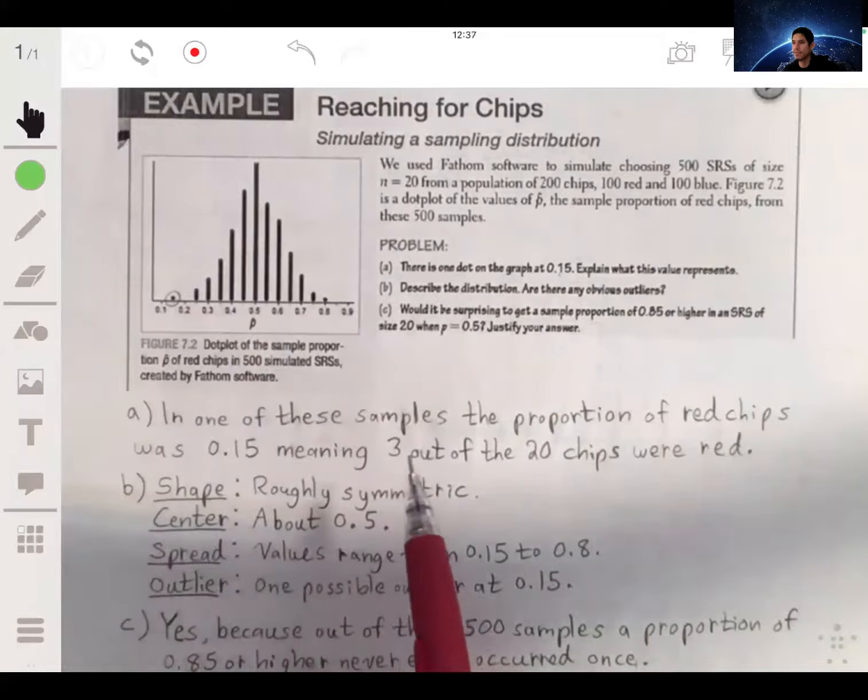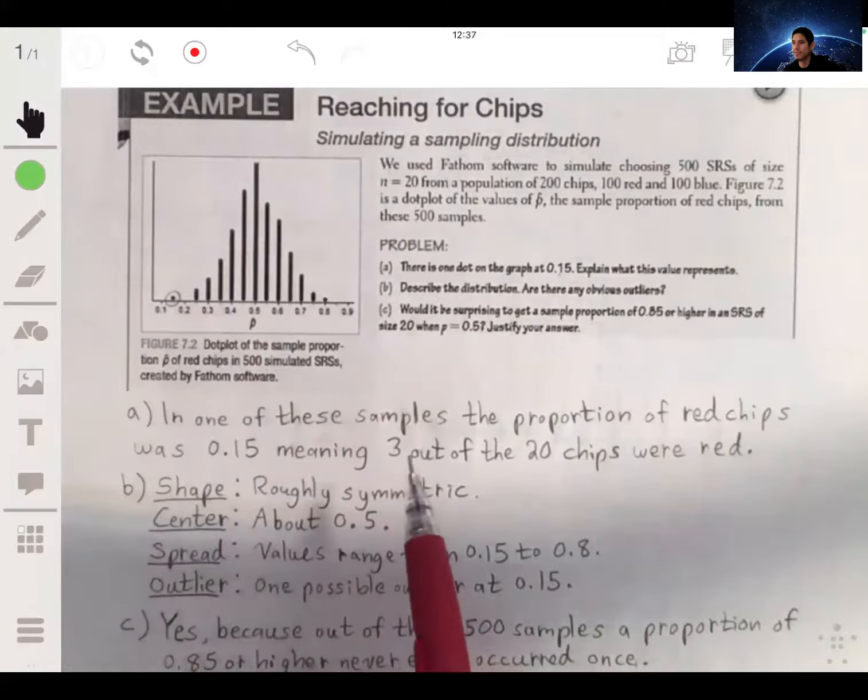So we have to understand this idea of what's called an unbiased estimator versus a biased estimator. We say that a statistic is an unbiased estimator when it is centered at the true value of the mean of the sampling distribution.